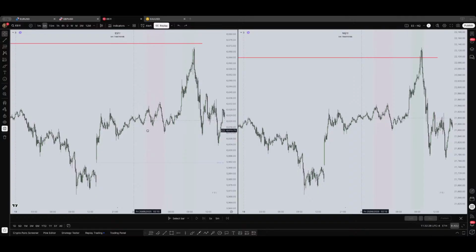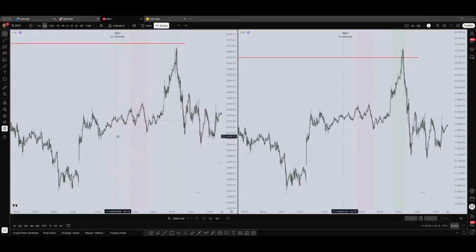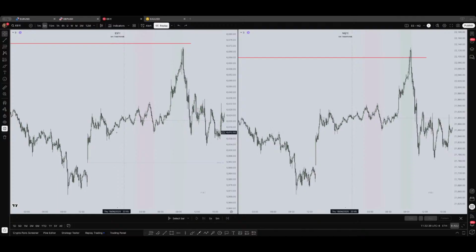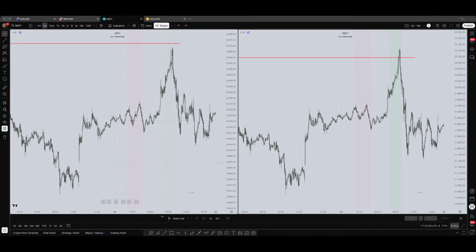Okay, so checking this. Yeah, I got caught here. I got destroyed here on Friday because I was thinking. I will show you my analysis.